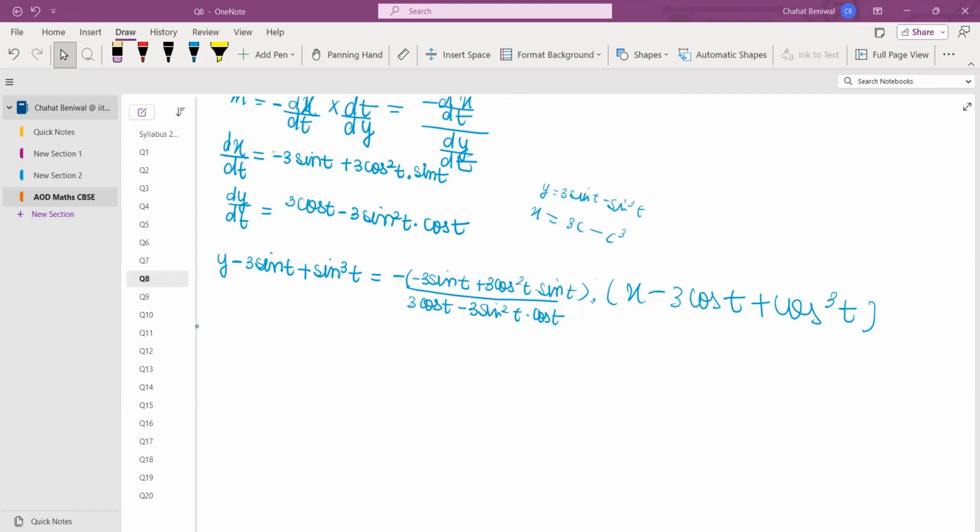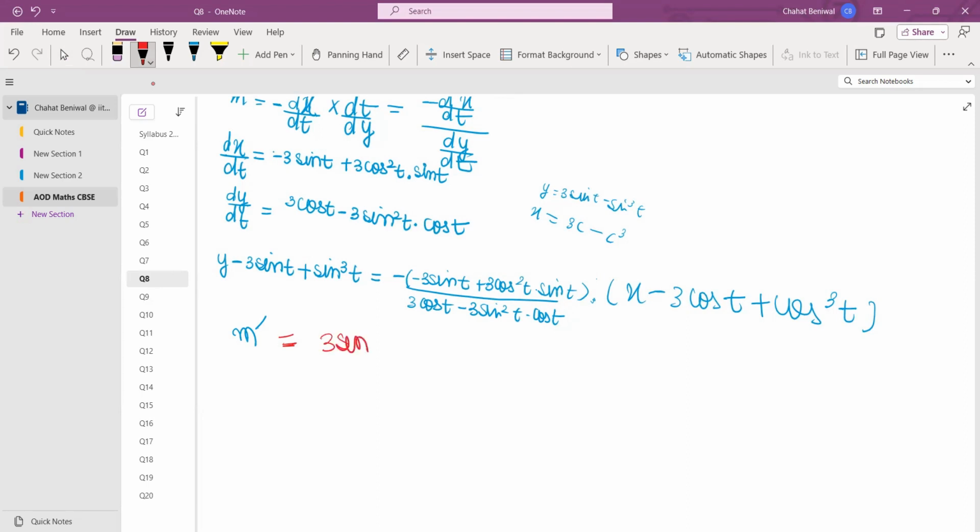the slope of normal, which is inverse, which is 3 sin t.